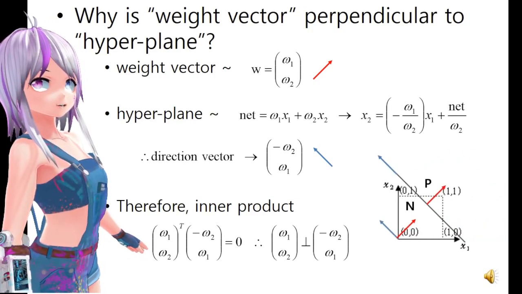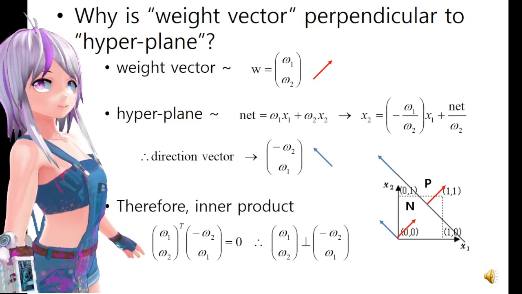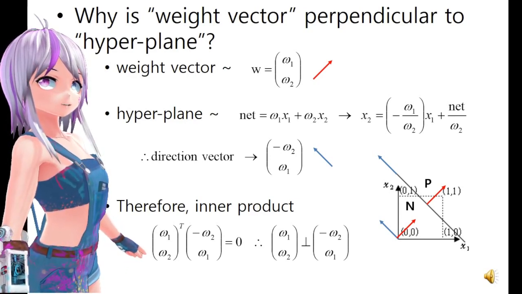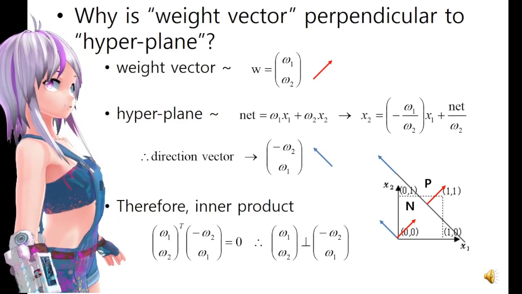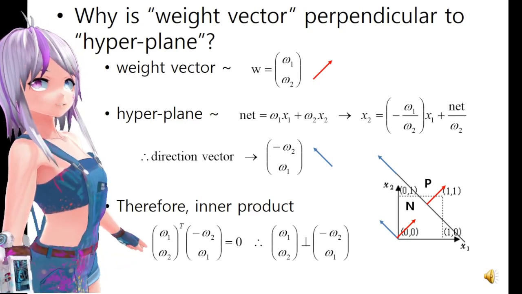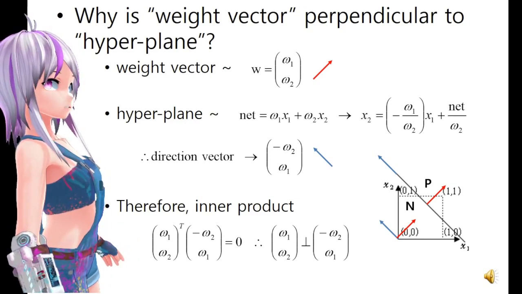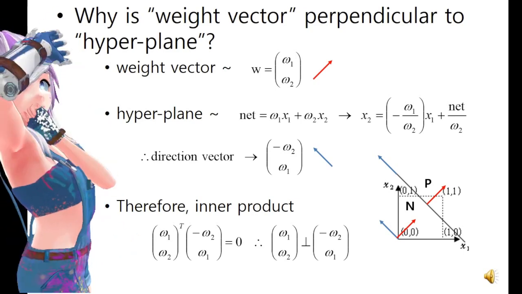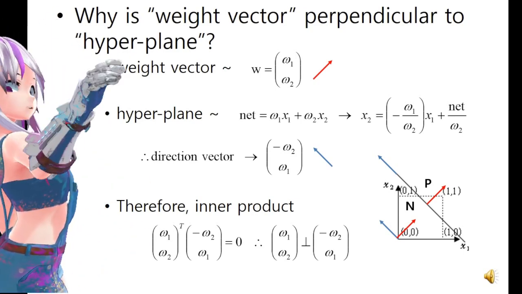And therefore, the inner product between W, which is W1, W2, and the direction vector minus W2, W1, you find is always 0. So the W1, W2 vector is perpendicular to minus W2, W1, or W2, minus W1.